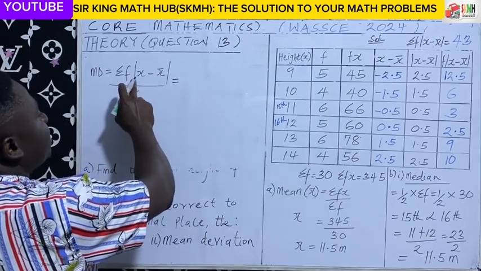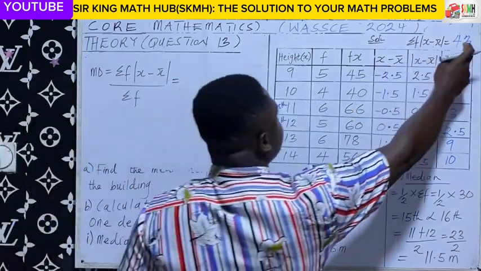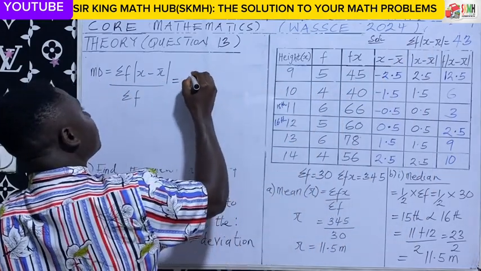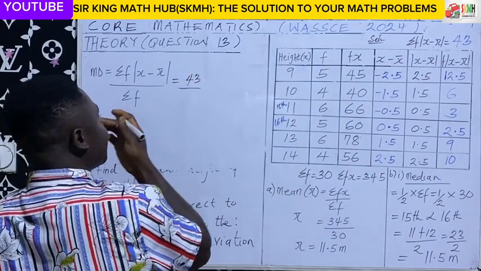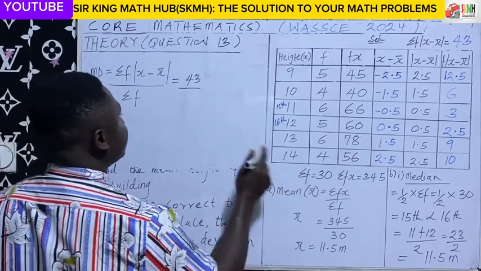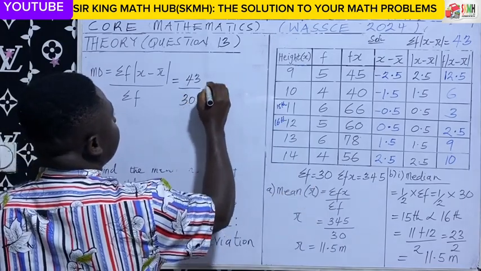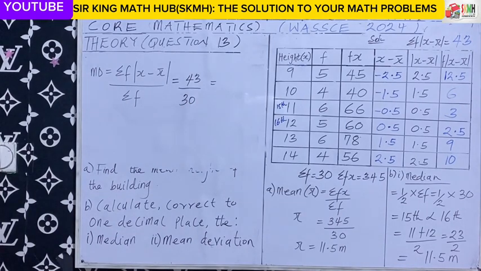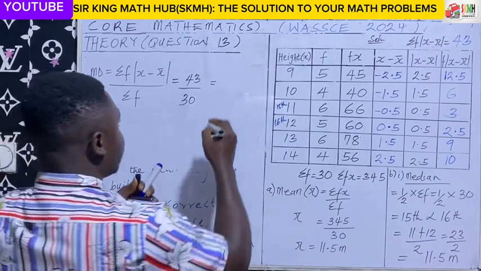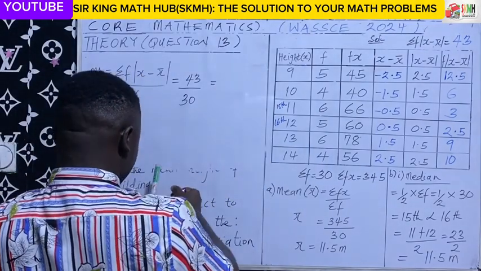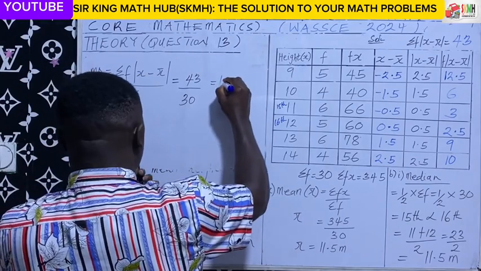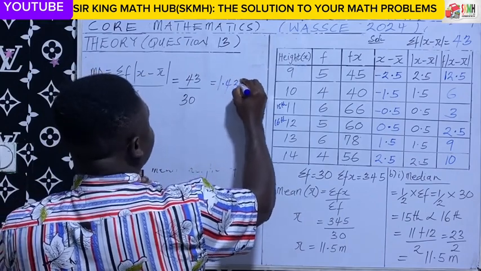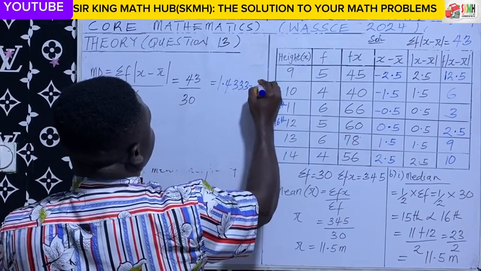So with this, you can just substitute this into the mean deviation formula. Summation f multiplying absolute x minus mean, we have 43 divided by summation f. Summation f is 30. So finally, what is the mean deviation? The mean deviation, 43 divided by 30, we have 1.433.